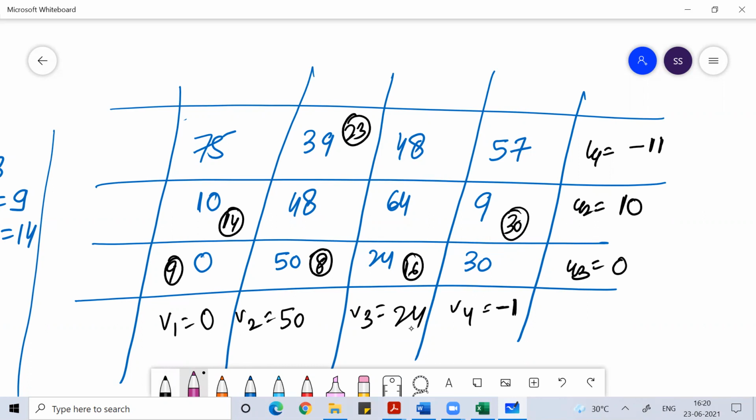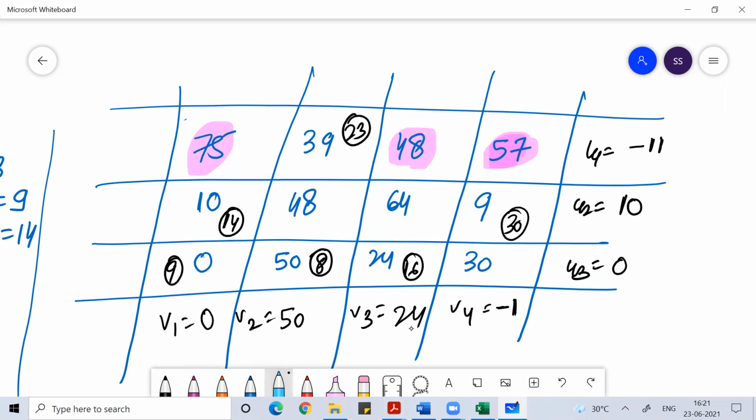So you did it for the occupied cells. Now do it for the unoccupied cells. The first unoccupied cell cost is 75, so this would be 75 minus 0 minus 11, which would be positive only. This is 24 minus 11, definitely positive. 48 minus that, this is minus 12, definitely positive. Then this is 50 plus 10, 60.